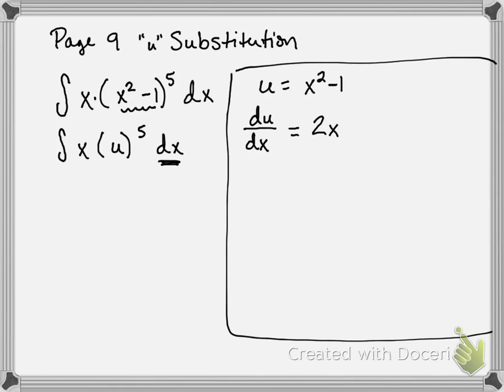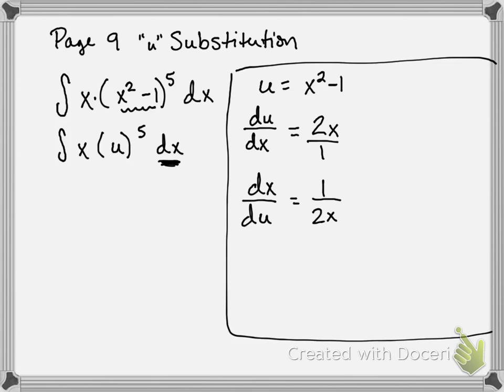Awesome. Now what we want is something to substitute in for my dx. Isn't this like 2x over 1? So wouldn't this be, if I just flipped it, dx over du equals 1 over 2x?